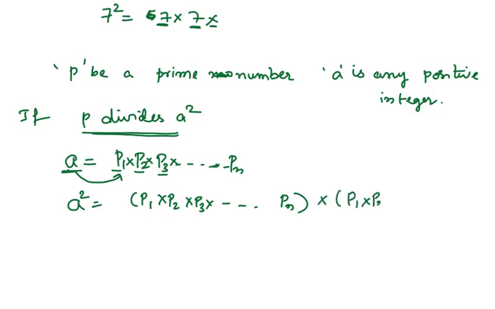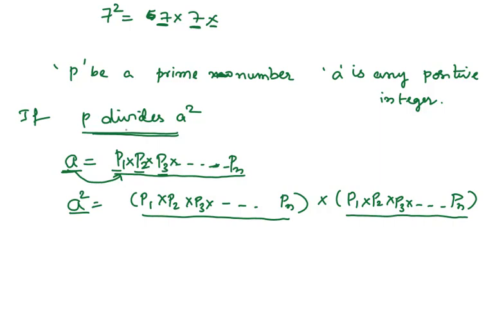So a square is the same product p1, p2, and so on till pn multiplied again another time.